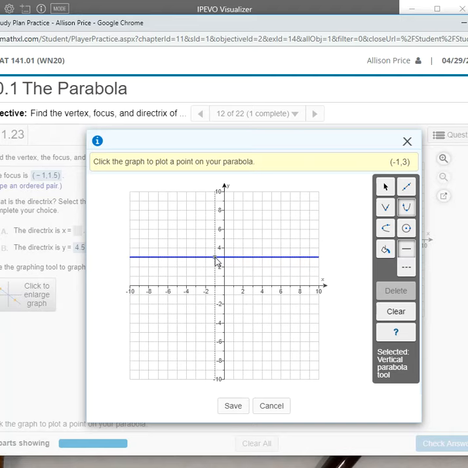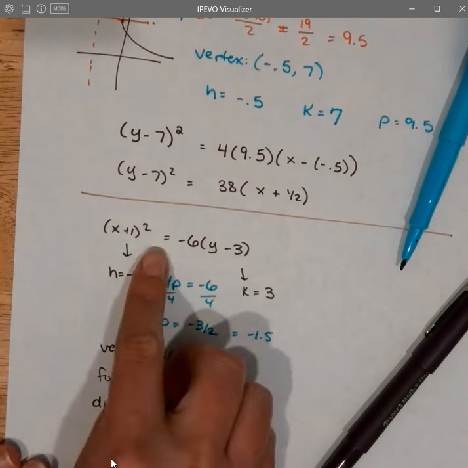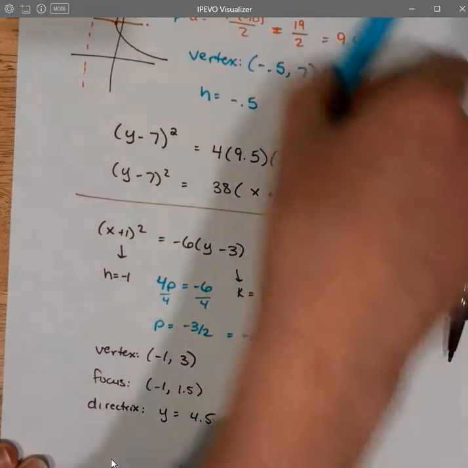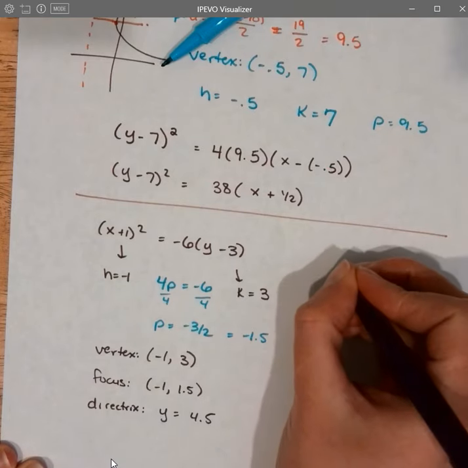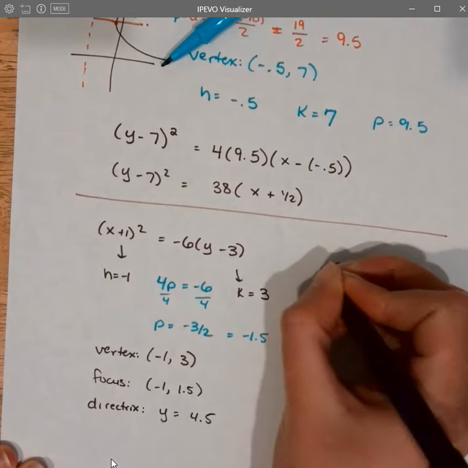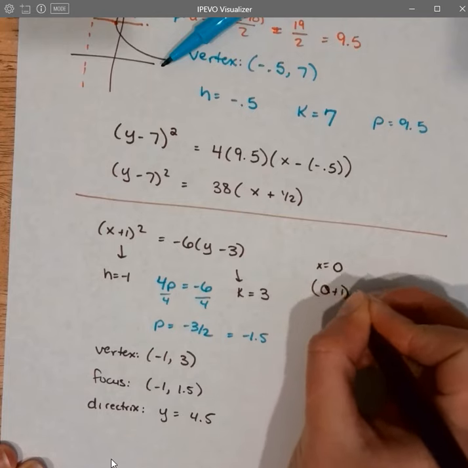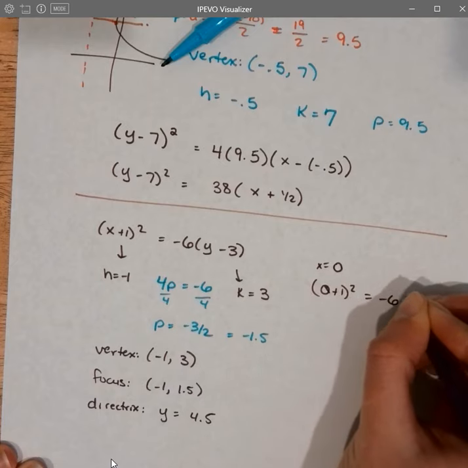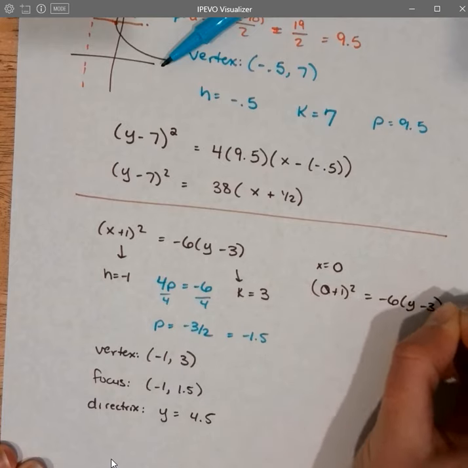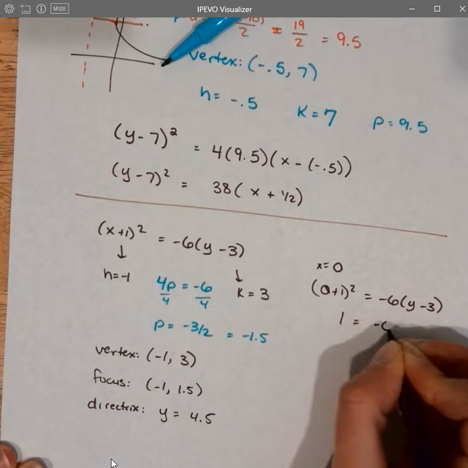Okay, so I don't have another point on the parabola yet. I'm just going to go to my equation and plug something in. So I'm going to plug in, say, 0 for x, and so this gives us 0 plus 1 squared equals negative 6 times y minus 3, so that's 1 equals negative 6 times y minus 3.